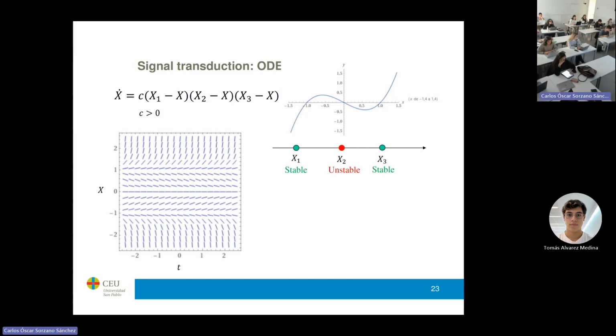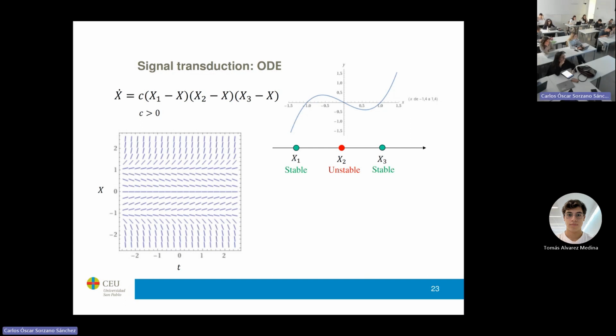You may remember from differential equations, if this polynomial is 0, then x will not change. Okay, so at x1, at x2, and x3, if you are exactly at x1, it will not change. So if it doesn't change, that means that this is a critical point, this is another critical point, and this one too.